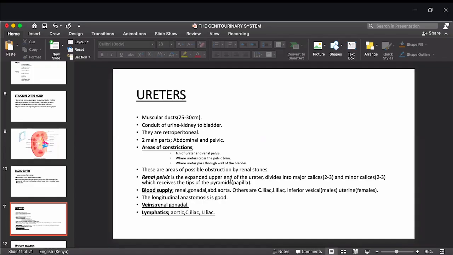Depending on the number of the kidney stones, you can do what is called extracorporeal shockwave lithotripsy. In this, you pass some sounds or vibrations onto the kidney so that the stones in the kidney can fall off.